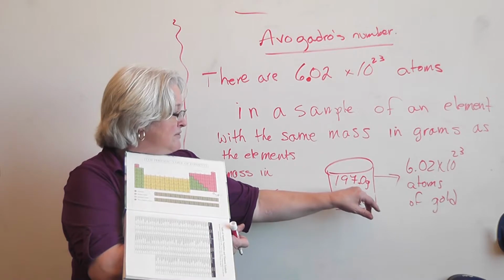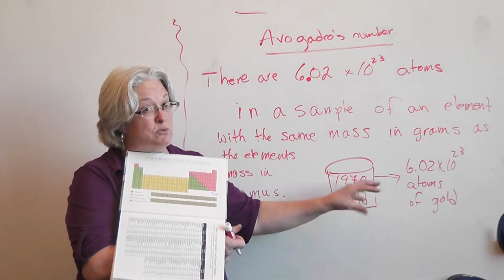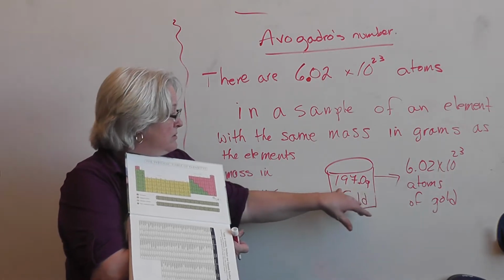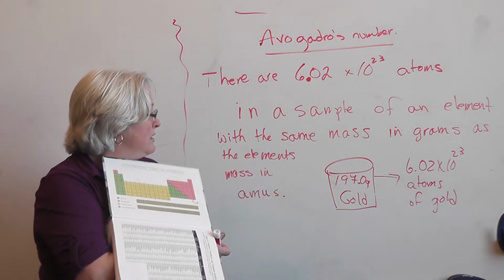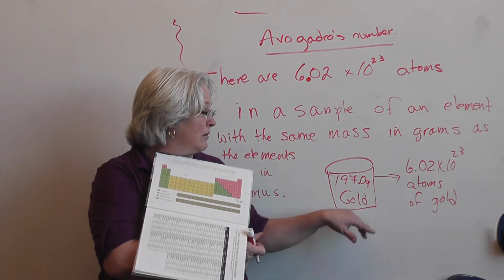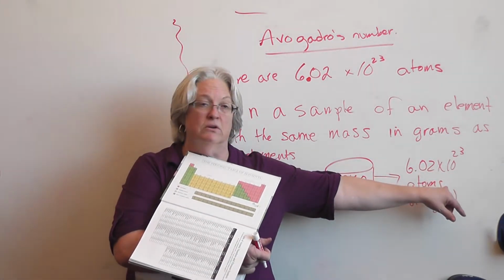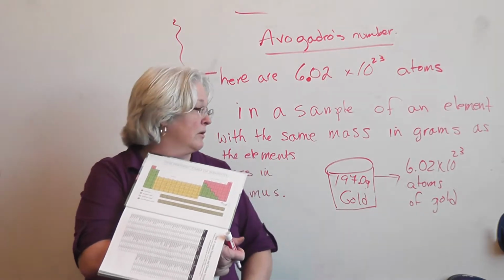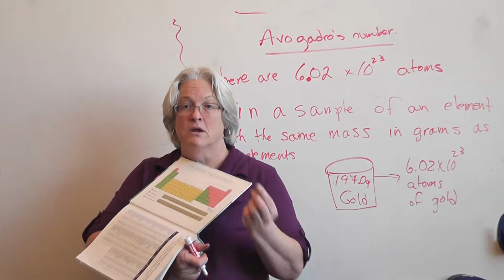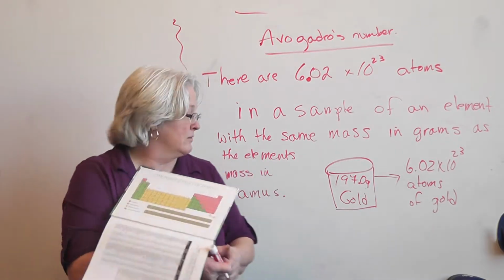So instead of 197 atomic mass units, we can take that mass in grams, 197.0 grams, and know that this sample has 6.02 times 10 to the 23rd atoms of gold. And what this is doing is it lets us count atoms.